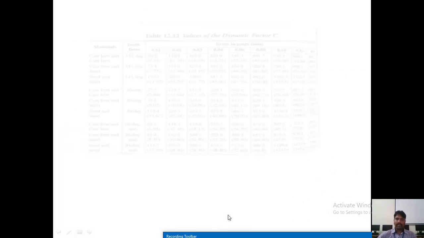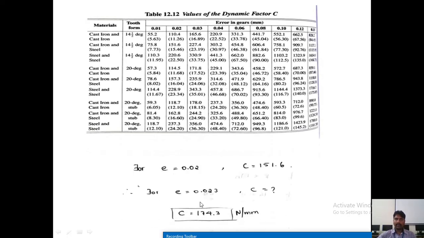Once you get the error, we need to go for the table of dynamic load factor, table 12.12. The 14.5 degree is given. So 0.023 is nearer to 0.02, go for 0.02, and the cast iron and steel is given, and the tooth form is 14.5 degree. For 0.02, C is equal to 151.6. So we will explain once again.